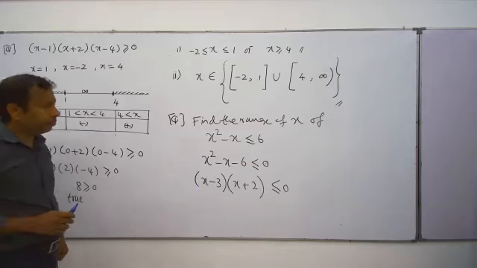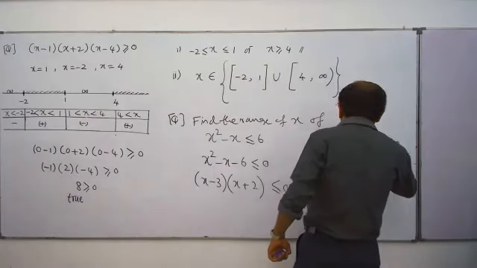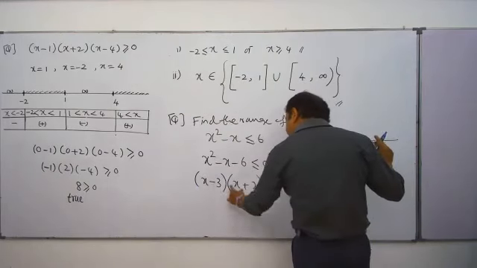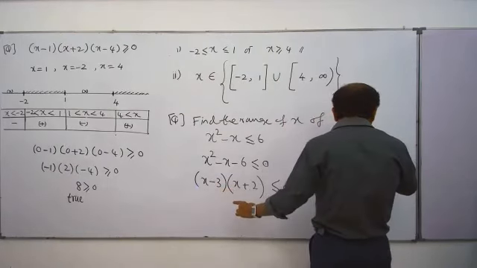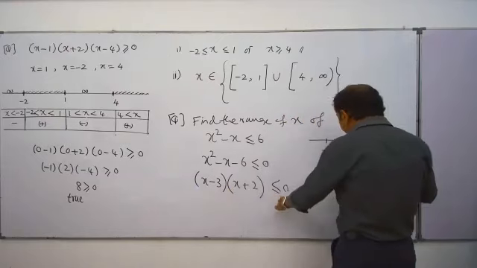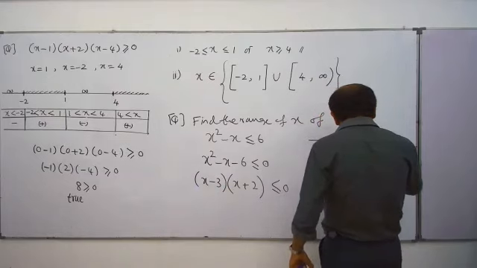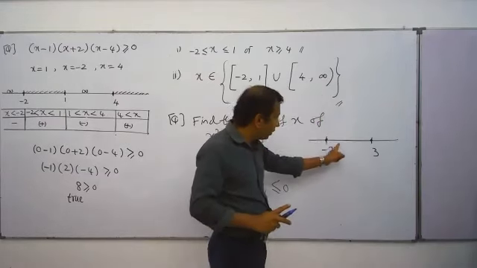Now, draw the number line. Change the signs. Here 3, here -2. Equal sign available, take both. 0 lies in this interval.